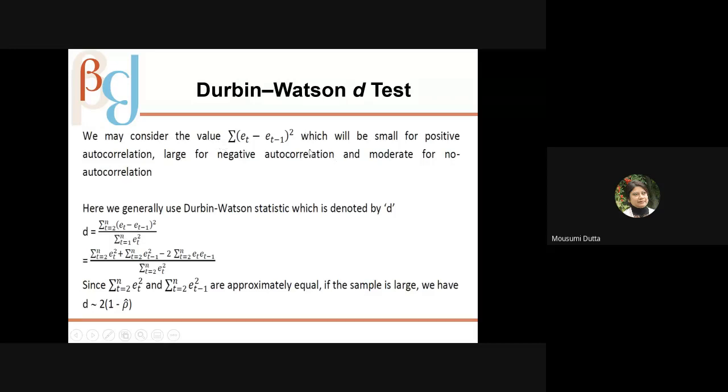So this measure responds to the idea of autocorrelation. Now, how is it small for positive autocorrelation, large for negative autocorrelation, and moderate for no autocorrelation? Please think on it.